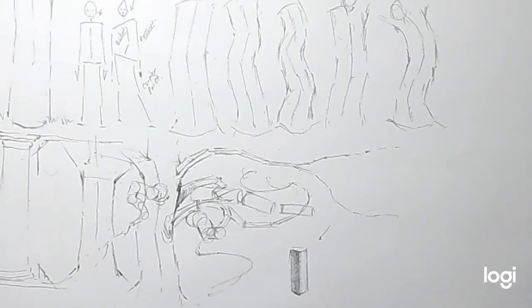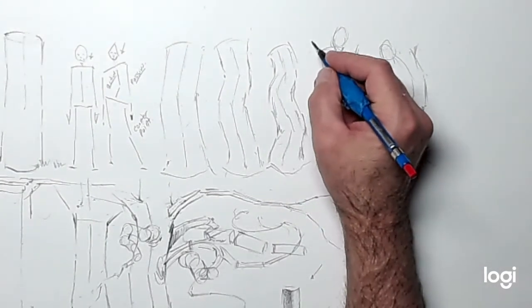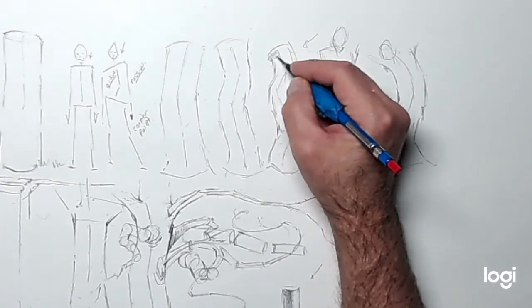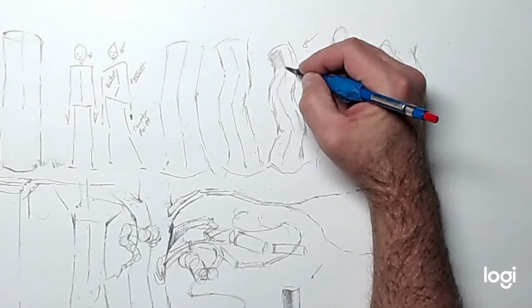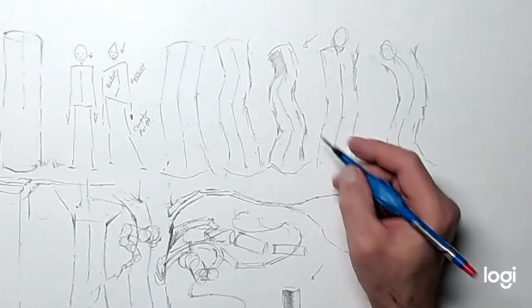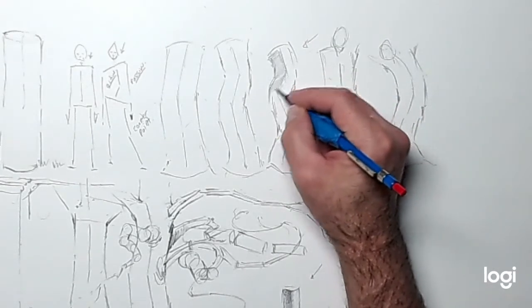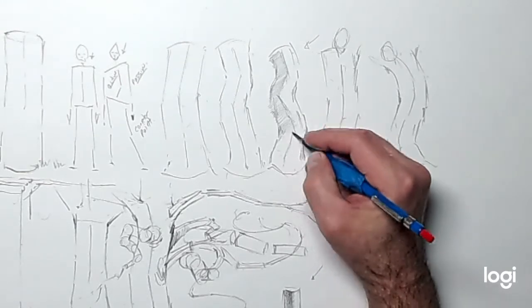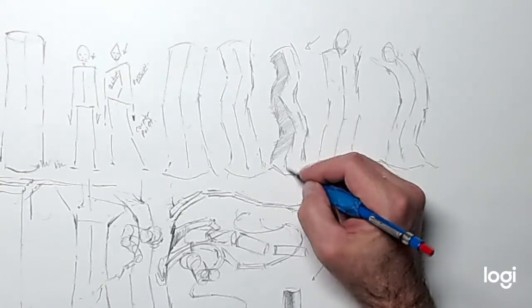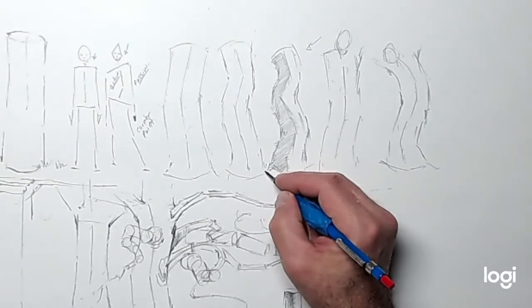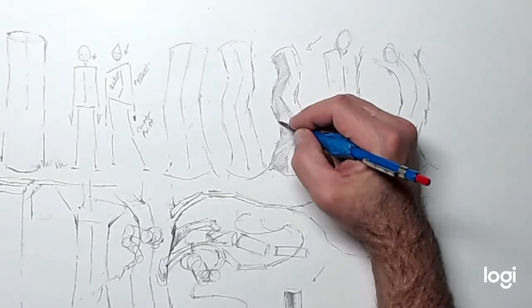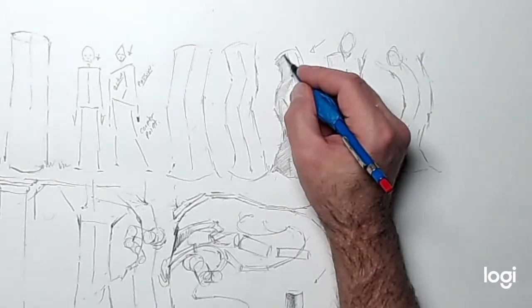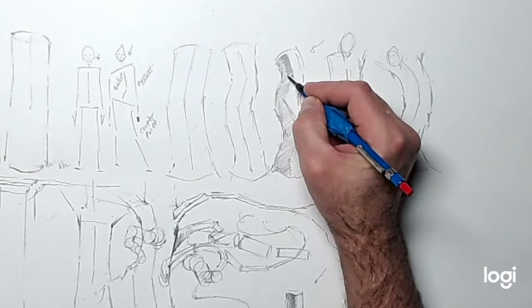So if we take a tree trunk, like this one, and we throw our light on it in that direction, everything from this side of that form is going to start to fall into shadow, and everything from this side of that form, and now this side of that form, okay, directly at the spot where the shadow edge begins, it's darker. That's our core shadow.